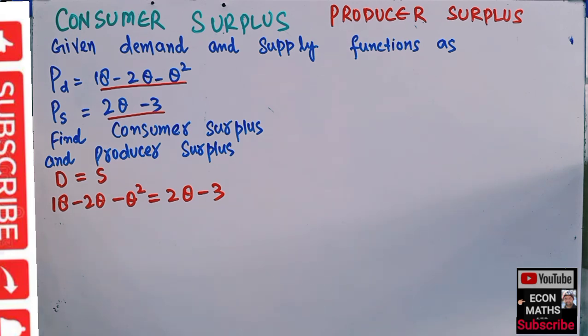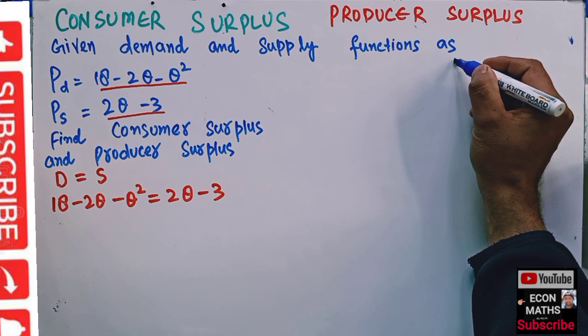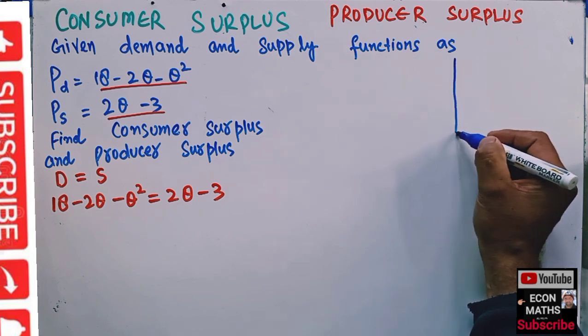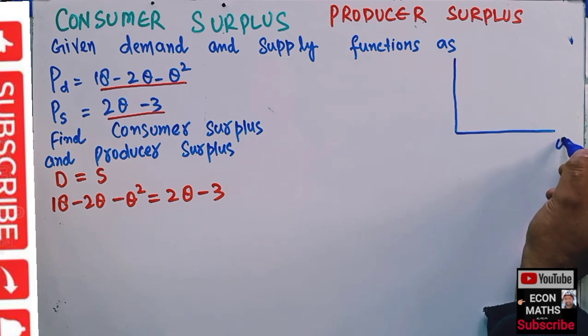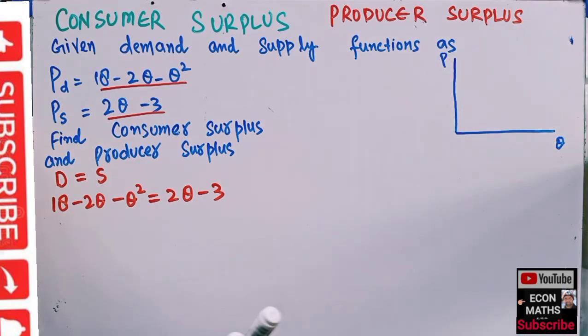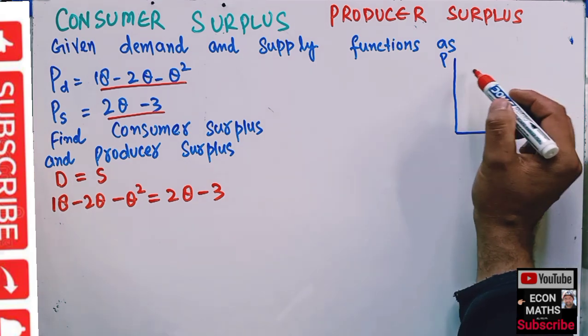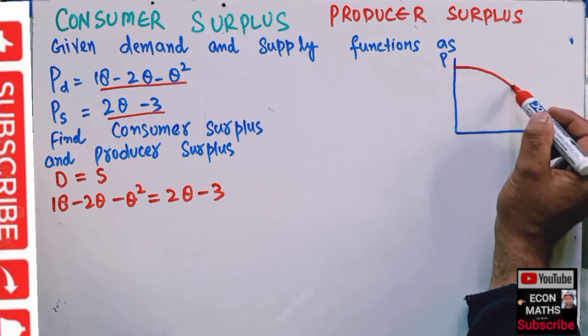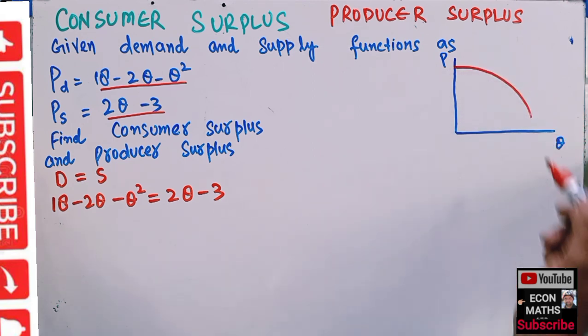Graphically, what exactly is meant by this? Let me try to draw a simple graph here. Let us say we have quantity on the horizontal axis and price on the vertical axis. We have this demand function, which is a non-linear one, and let me try to draw this.